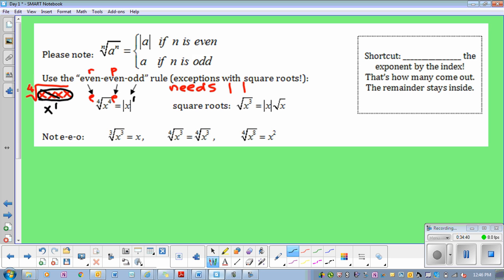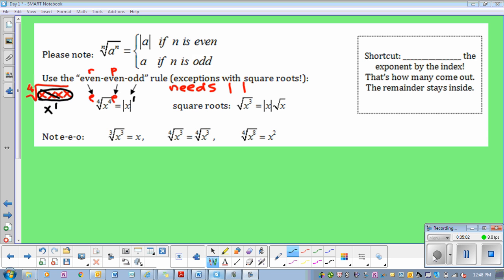And that's why when you have the square root of x squared, you need to make sure that you put absolute value of x. Even, odd means you have to put absolute value, okay?